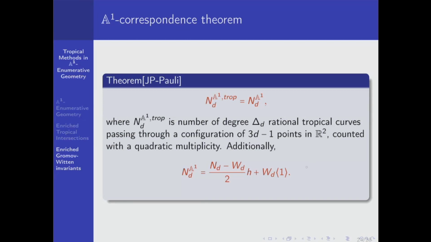And there is kind of a philosophy for this, which is the fact that this enumerative problem can be defined over the integers. So the integers is not a field, but we can ask ourselves what happens if all of the curves that we're considering are defined over the integers?